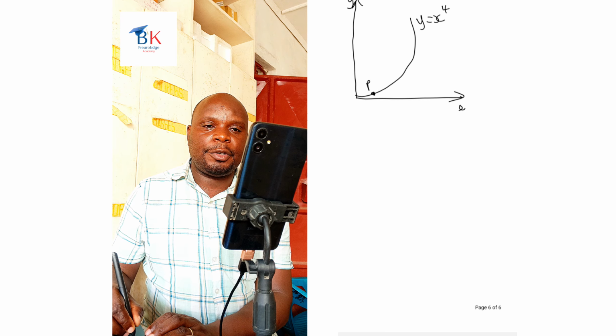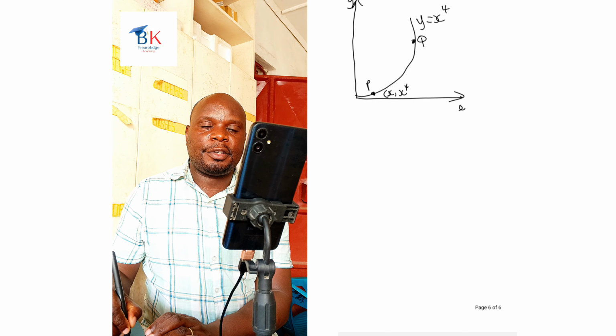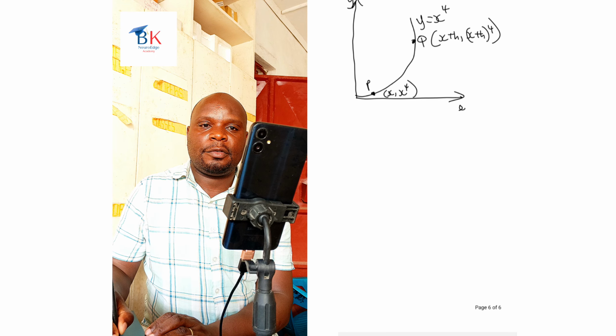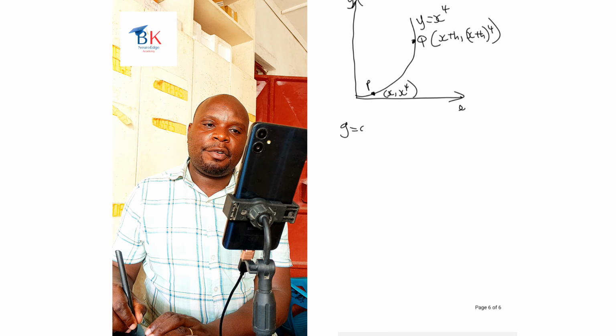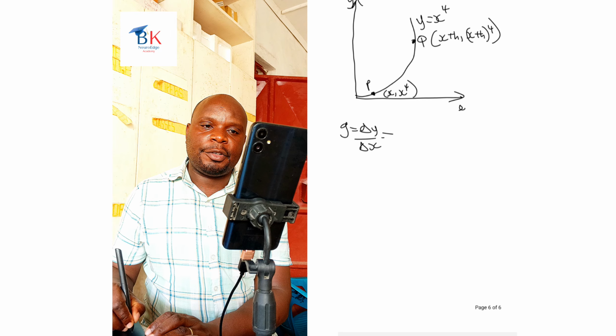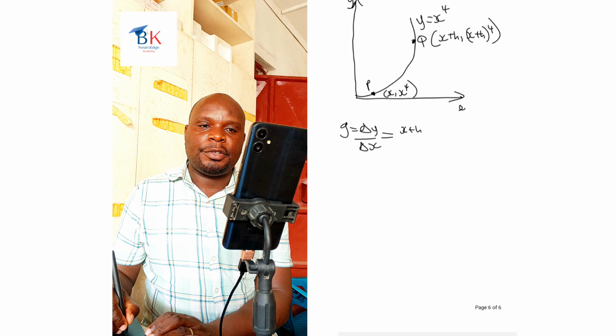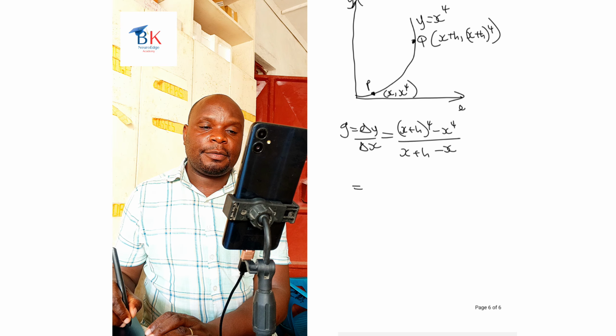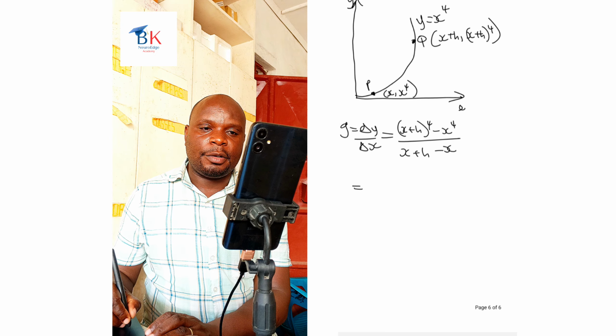We have our 2 points P, Q. This is x power 4. This is (x plus h) power 4. And therefore gradient equal to change in y over change in x, which is (x plus h) power 4 minus x power 4 divided by x plus h minus x. We use binomial coefficients.